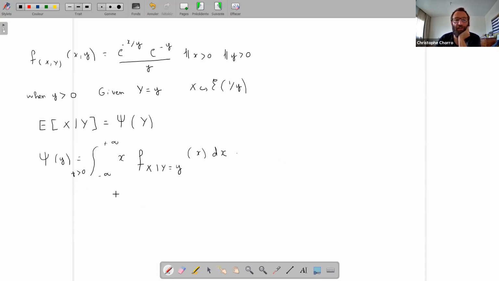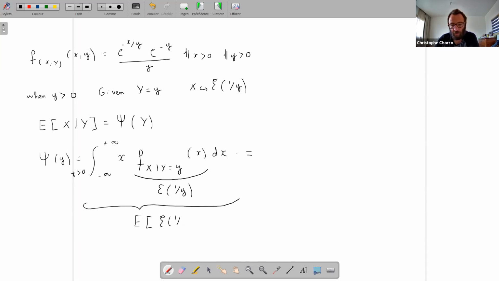But once again here, I have nothing to compute in my particular situation because I have already done the job. What is this conditional density function here? It's the one of an exponential of parameter 1 over y. So here, I just have to compute the expectation of an exponential of parameter 1 over y.